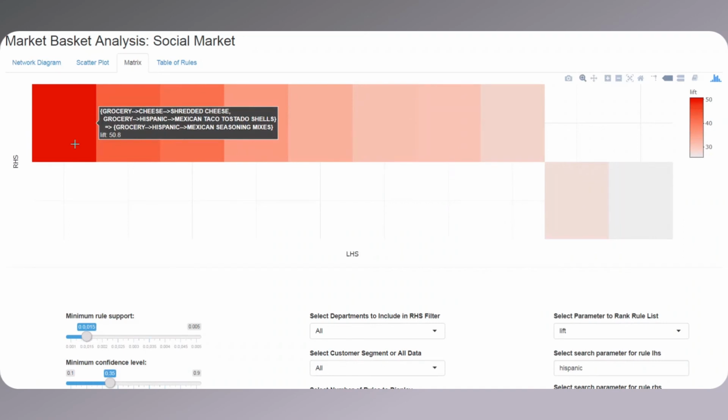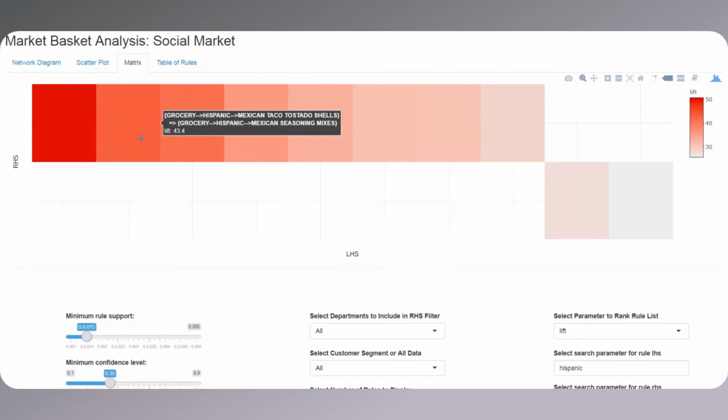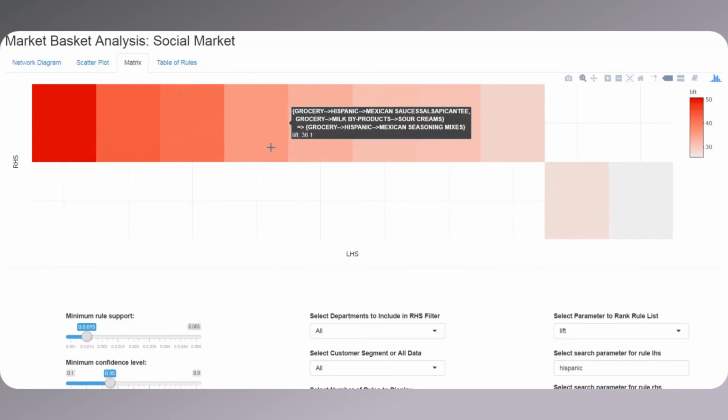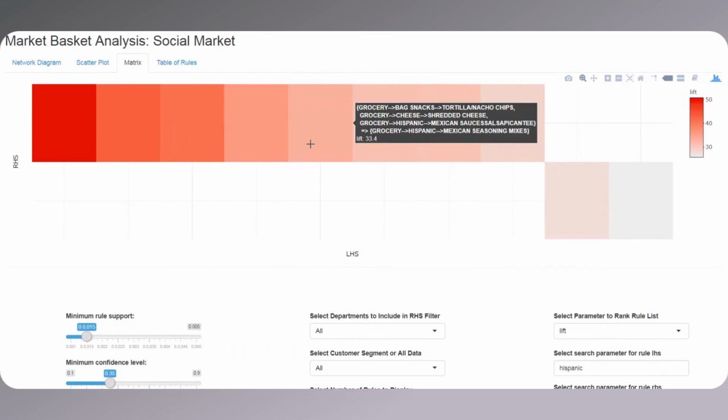So there's a set of items that predict purchase of Mexican seasoning mix. Here we've got shredded cheese and tacos, tacos on their own, shredded cheese, salsa and sour cream, and it goes on from there.